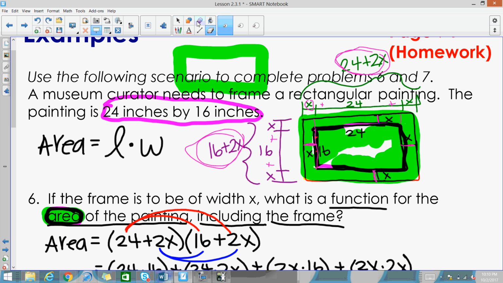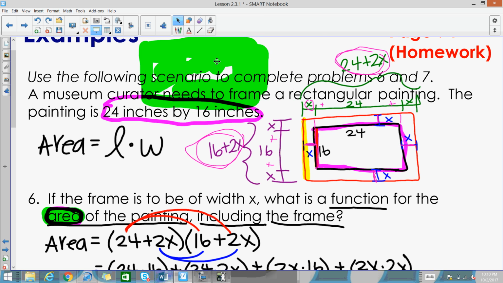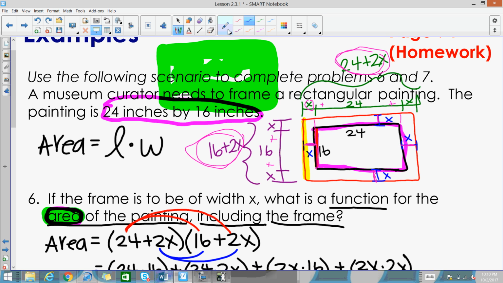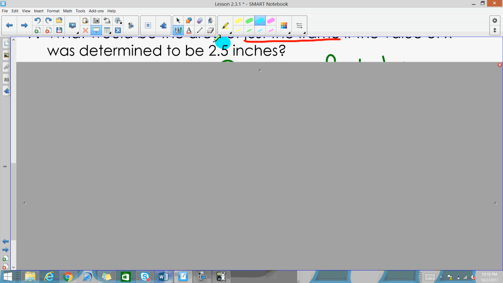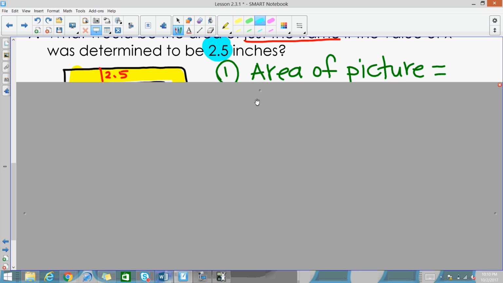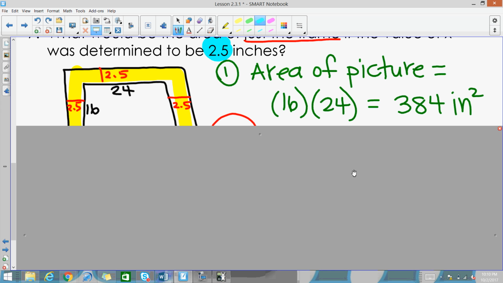So what I'm going to do is say, okay, you have this, and really all you want is this right here. That's all you want, just the frame, no picture included. So how do you do that? Well, if we know x is 2.5 inches, we're going to first take the area of the picture, which we know to be 24 by 16, which is a total of 384.